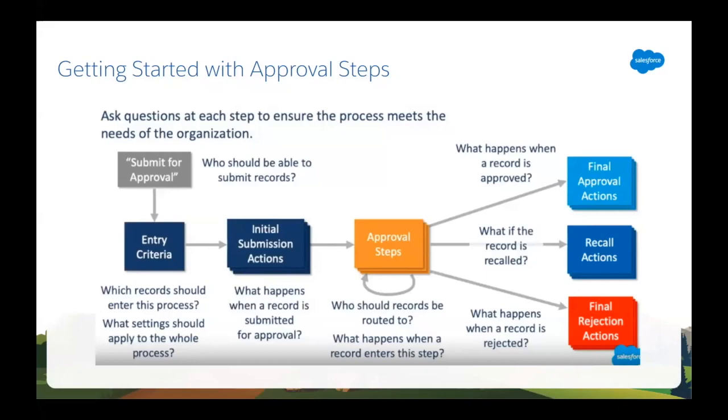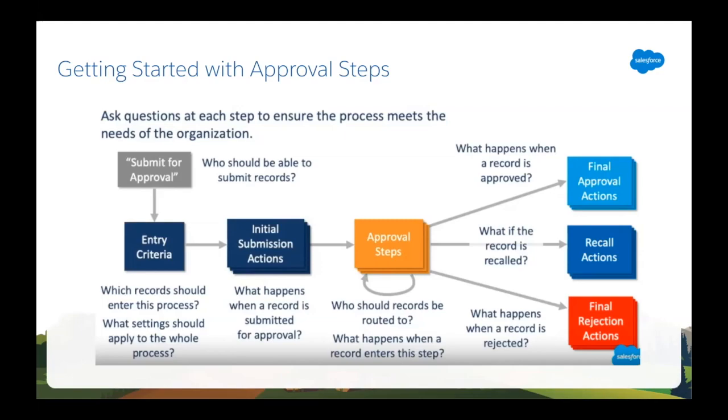And then the next step after submitting the approval is the entry criteria. So what records need to be approved, right? That's basically a summary of what the two questions are asking. What records need to be approved? And the next after that, they'll go through the initial submission actions.